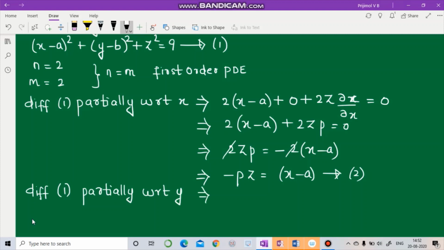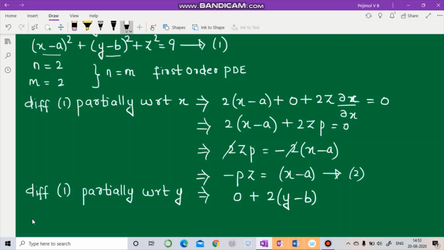So when you differentiate partially with respect to y, you know x is constant, a is constant, so the derivative of this is 0. So 0 plus, now what is the derivative of y minus b whole square? We are differentiating with respect to y. So 2 into y minus b, and then y minus b you have to differentiate again, which is nothing but 1.